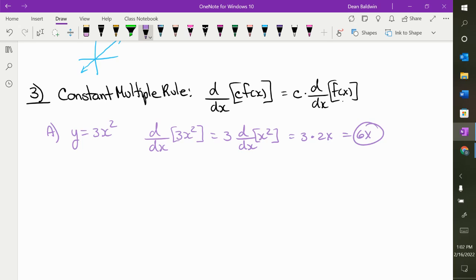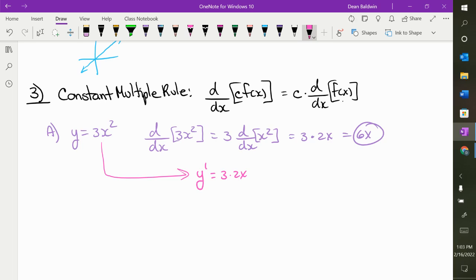Or we can do that in one step. Nobody really writes it this way. What people would do is they would just go y prime is equal to 3 times 2x. But the reason you're allowed to do this is because you're actually pulling the constant outside of the function.